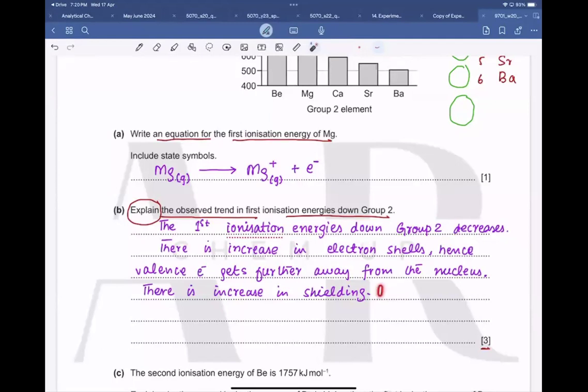So there is a decrease in nuclear attraction. Just give me a minute, guys.